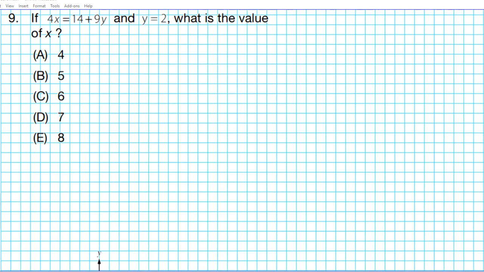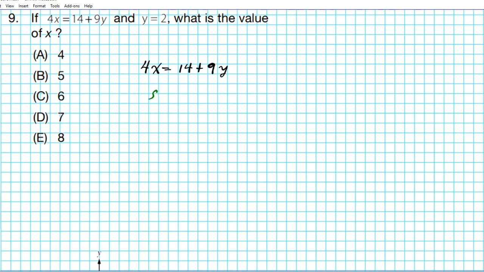Alright, let's take a look at question 9. It reads, if 4x equals 14 plus 9y and y is 2, what is the value of x? So we're given an equation. We're asked to fix the value of one variable and compute the resulting value of the other.